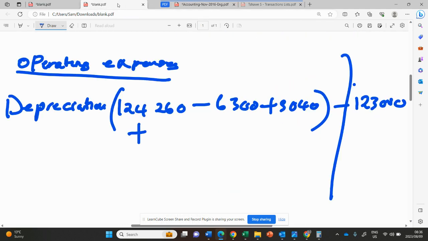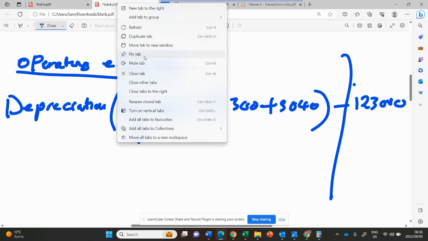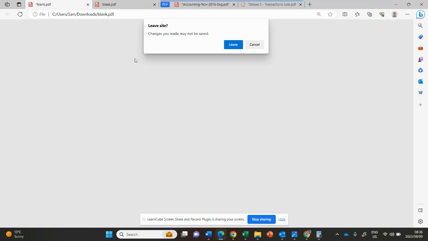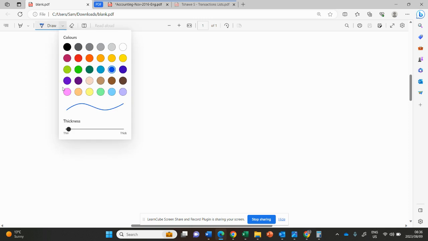If we do the income statement, the accounts that are affected are the rent income and the repairs expense. Obviously the rent income will be under operating income.